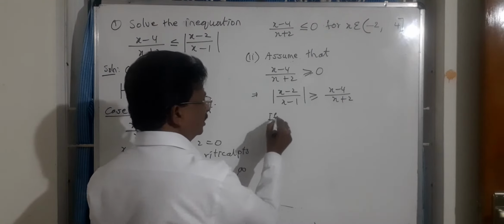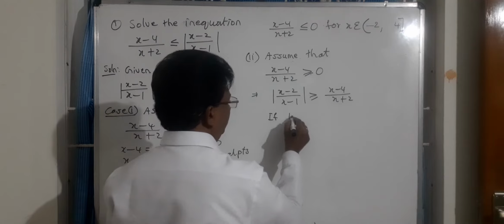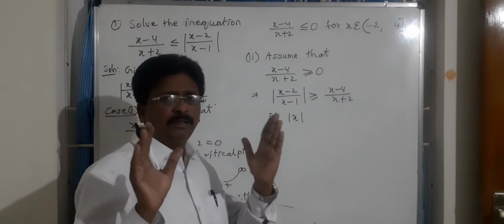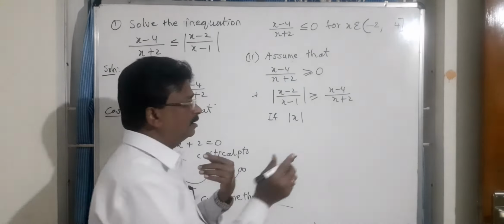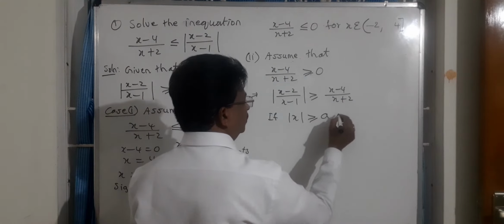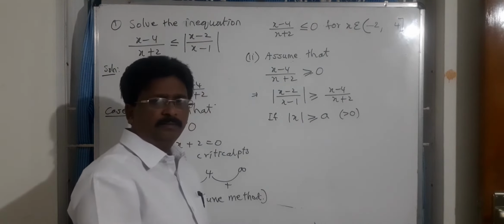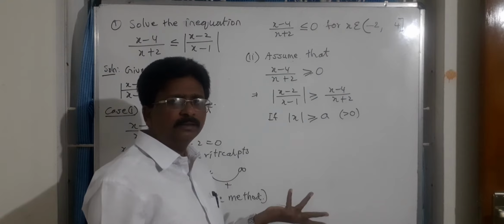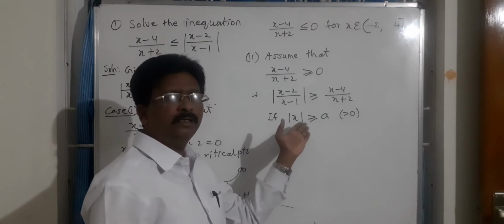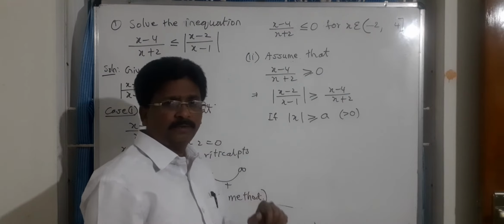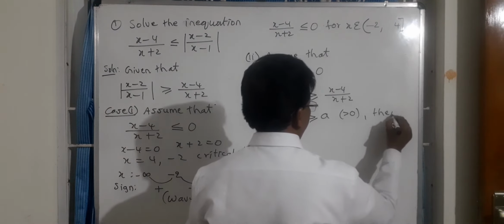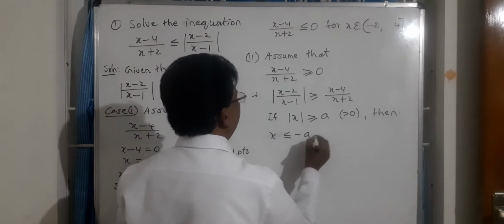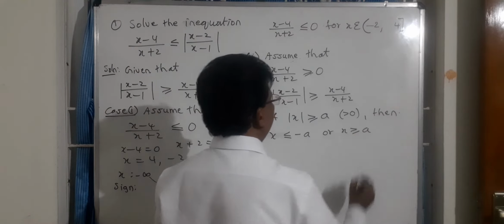It is a general property for the modulus: if |x|, where inside of the modulus may be anything, is greater than or equal to a, where I am assuming a is any positive real number, then x has some interval: x is less than or equal to -a or x is greater than or equal to a.